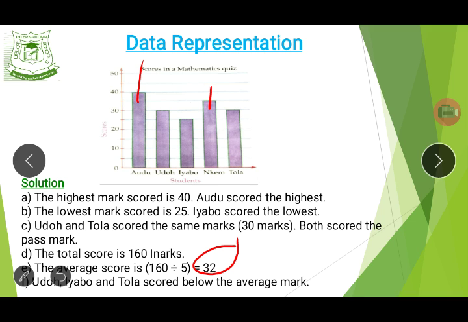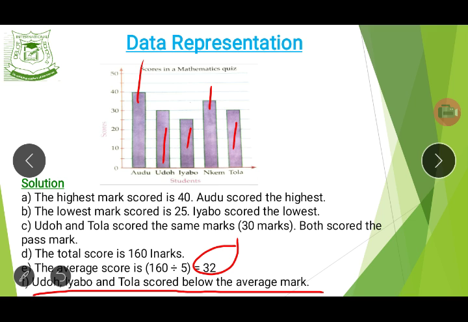So the rest of them that are lower than 32 are Udo, which is 30 marks, Iyabo, which is 25 marks, and Tola, who scored 30 marks also. So you can see here that Udo, Iyabo, and Tola scored below the average mark. Okay, is that okay now?